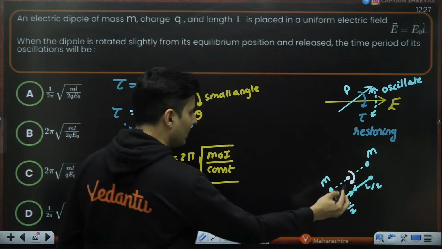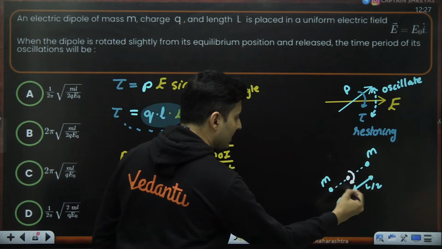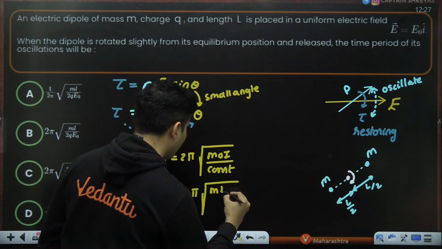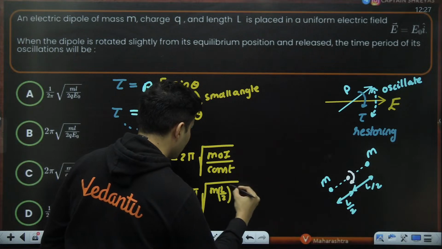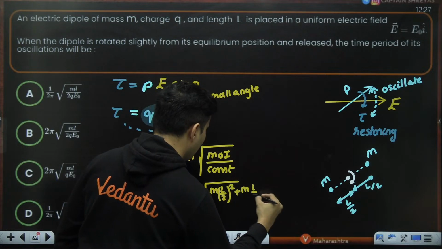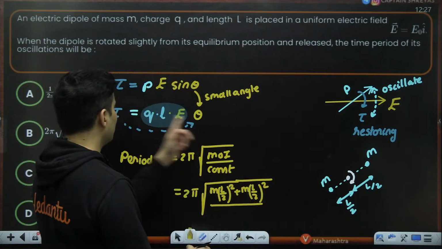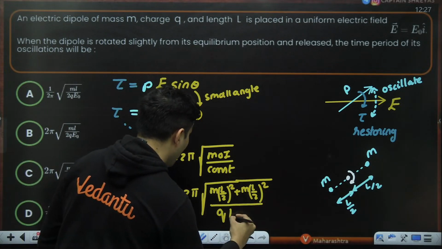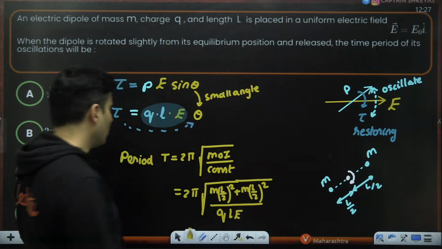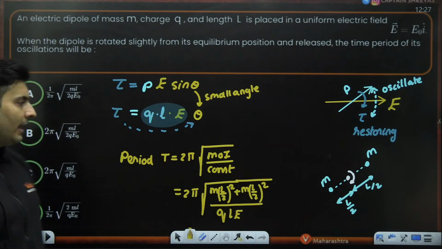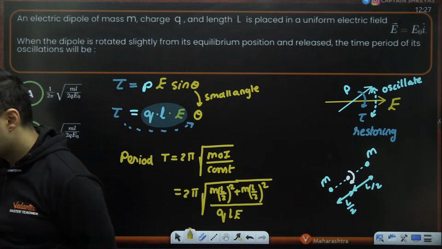I think the moment of inertia will be mr square plus mr square, that means m (L by 2) square plus m (L by 2) square. That is your moment of inertia, divided by the constant of proportionality, which is q, L and E. Yes, everybody with me?